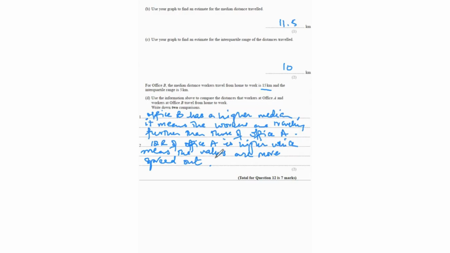The higher the interquartile range, the more spread out the values are. The lower the interquartile range, the less spread out the values are. So that's how you compare when you have a median value and interquartile value given for two different things, and they're asking you to explain what it signifies.